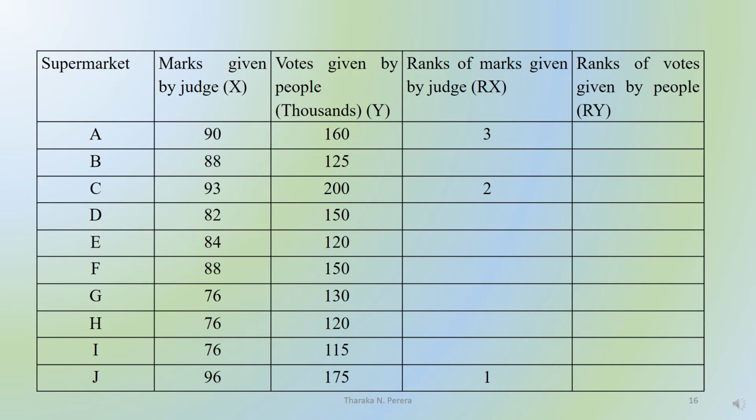So we have to put the midpoint of ranks against those supermarkets. Here 4 plus 5 equals 9, and 9 divided by 2 equals 4.5. Therefore, I put 4.5 for supermarkets B and F as their rank.